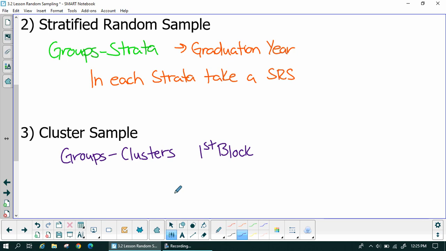Everybody goes to their first block. And then what we would do is we would randomly sample. So we would do a simple random sample of clusters. So we would, let's say, randomly generate room numbers. And we would maybe want to sample 10 first block classrooms. So we would generate a simple random sample of room numbers, and then we would survey everyone in those clusters.